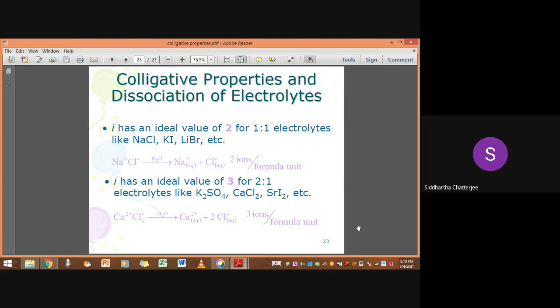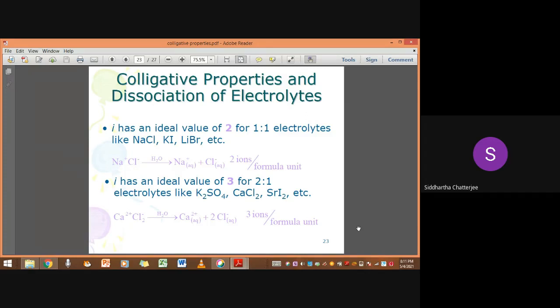If you consider alpha as the degree of dissociation, then for dissociation, alpha equals i minus 1 by n minus 1, where alpha represents the degree of dissociation, i represents the Van 't Hoff factor, and n represents how many moles of ions are formed. n represents the number of moles of ions per formula unit.